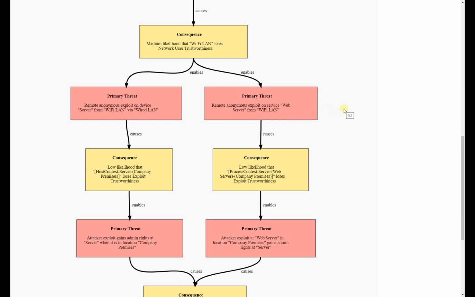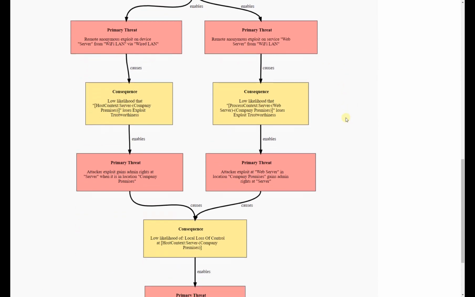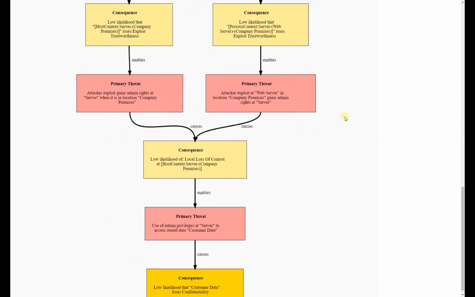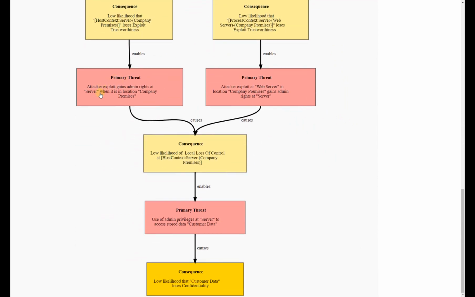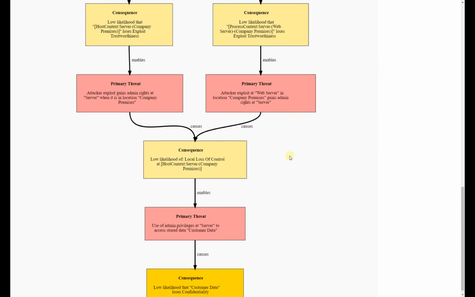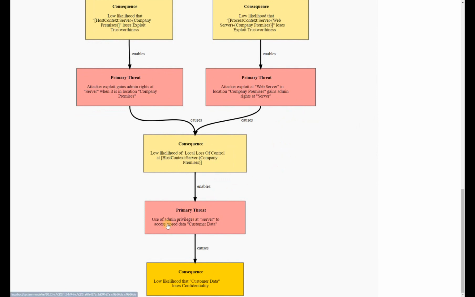So they might be able to access that directly from the Wi-Fi. And they cause other threats, so getting admin rights at the server by different means. Then we join back together and we can see use of admin privileges at the server, that you obviously access the customer data that's stored on the server. The consequence at the end is loss of confidentiality of that data.